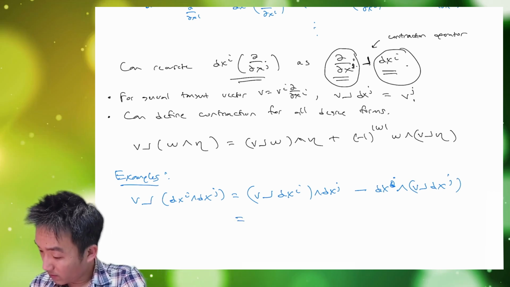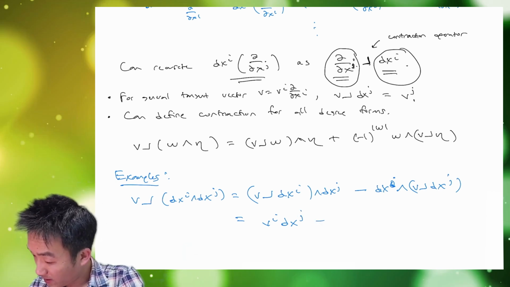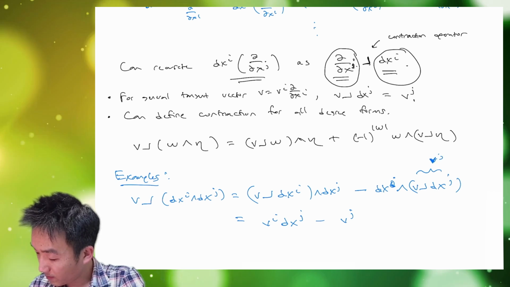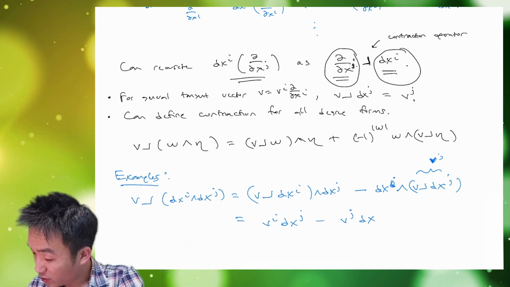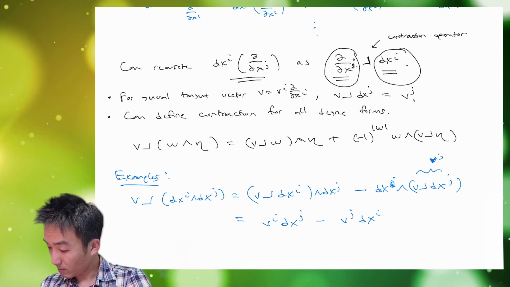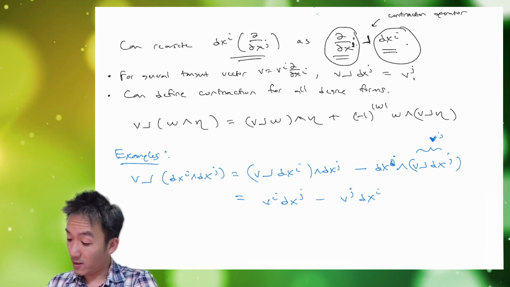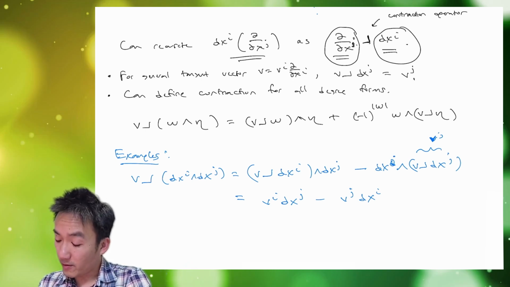Okay, and then this is just the function vi, and then I can just drop the wedge because wedging a function with the 1 form is just multiplication, and then this is minus vj, and I'll just go ahead and move it to the front because functions and 1 forms commute in terms of multiplication. Okay, so as you can see, this is what the formula looks like. Note that we contracted a vector with the 2 form and we got a 1 form.